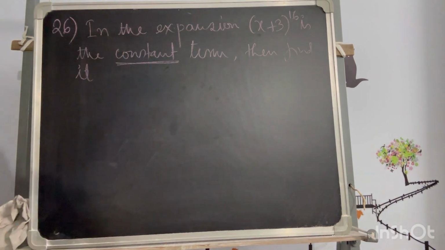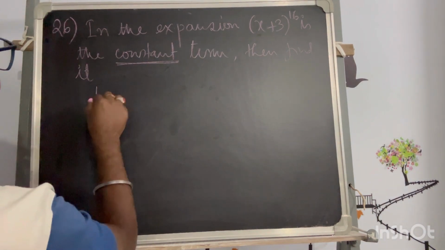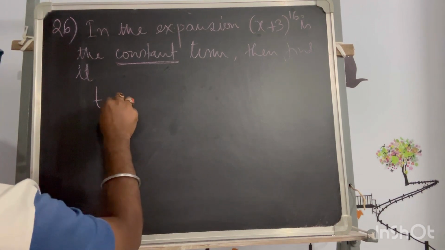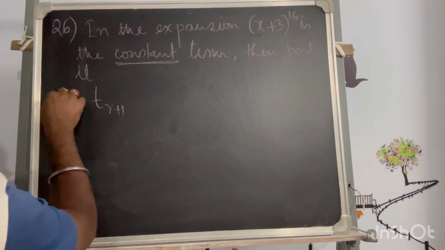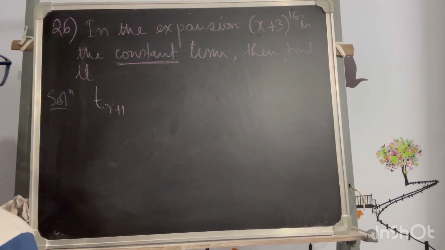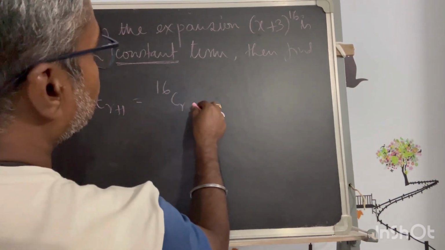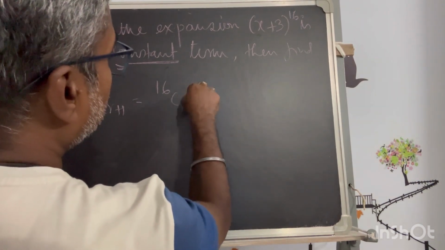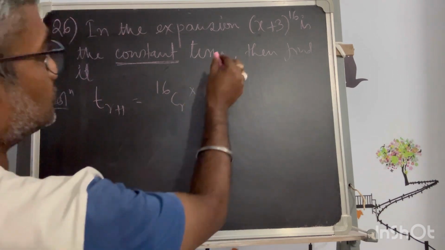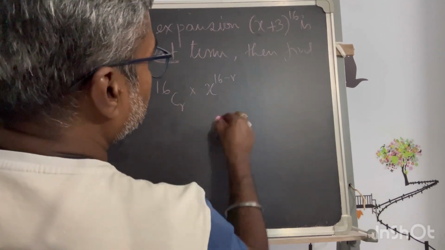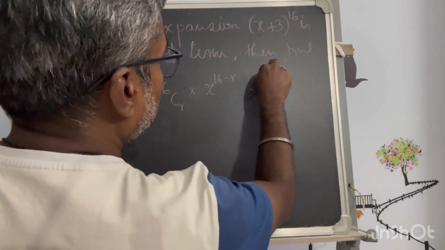If I assume the r plus 1th term is the constant term, it equals 16Cr, x to the power 16 minus r, into 3 to the power r.